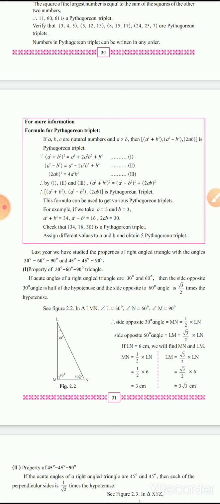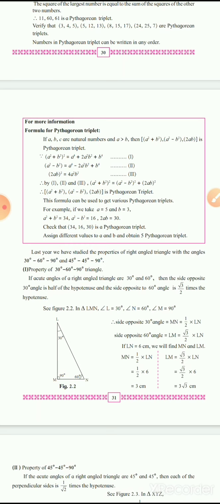The side opposite to the 30 degree angle L is MN.